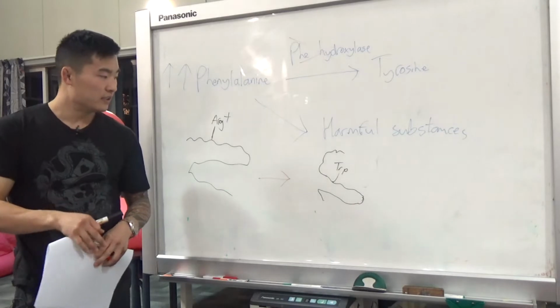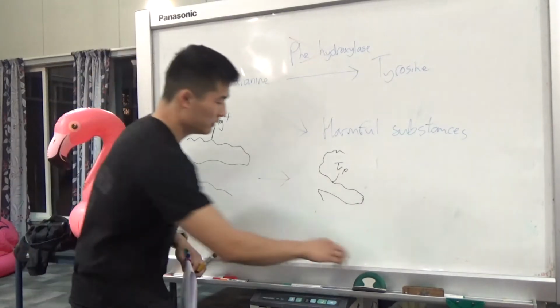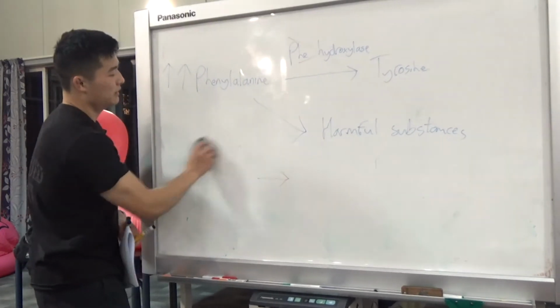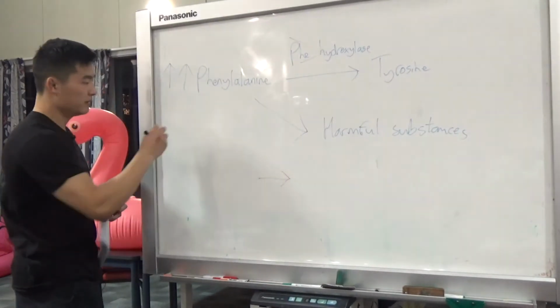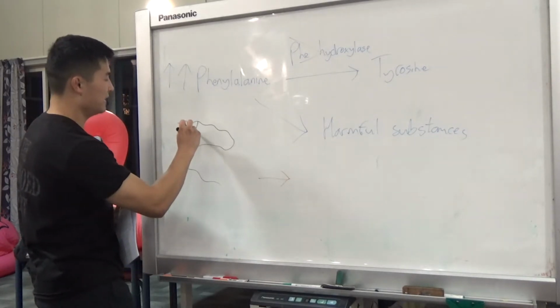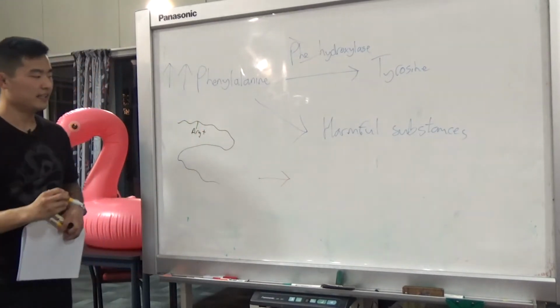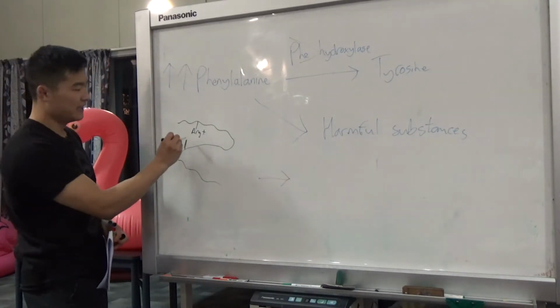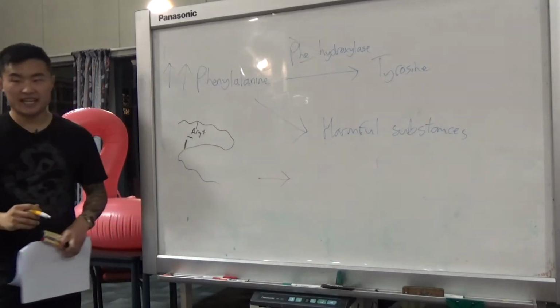Or the other way it could be is that, let's say, maybe the arginine is on the inside. So maybe the arginine is here and it's positively charged, right? And then maybe you have an amino acid side chain on this side that's negatively charged.